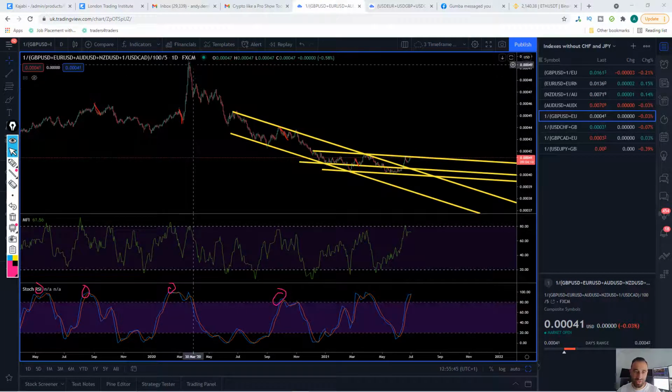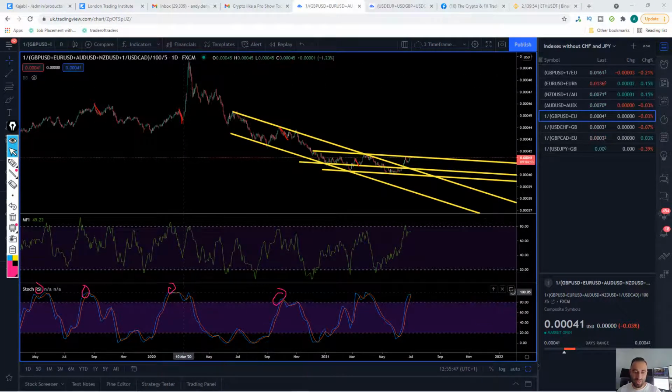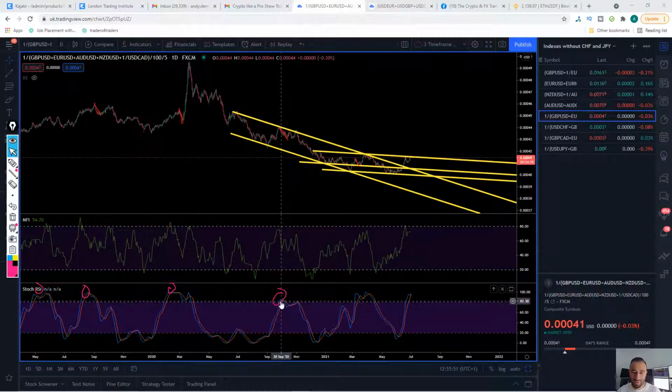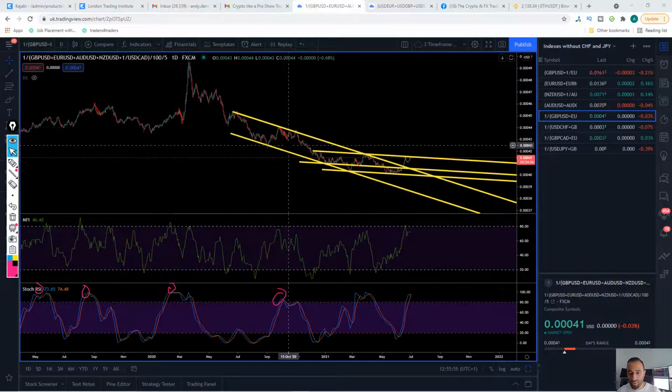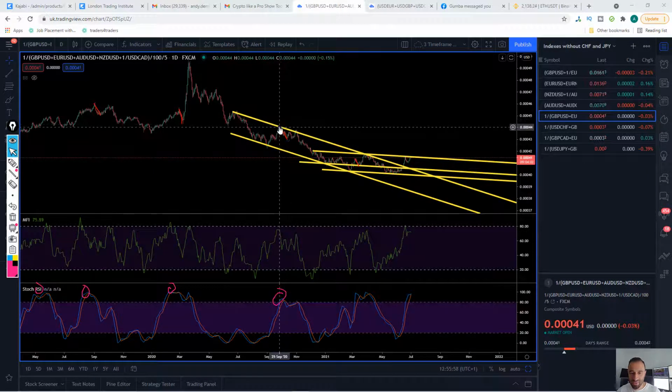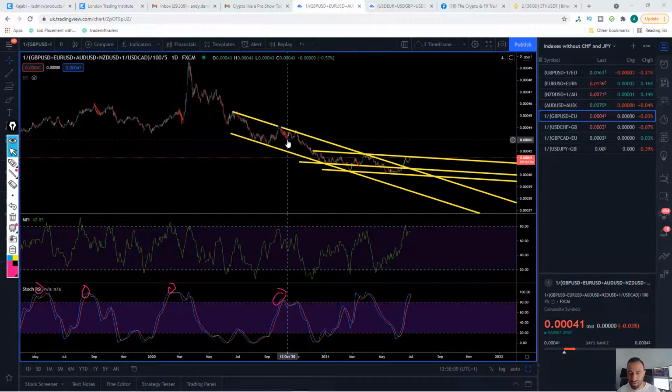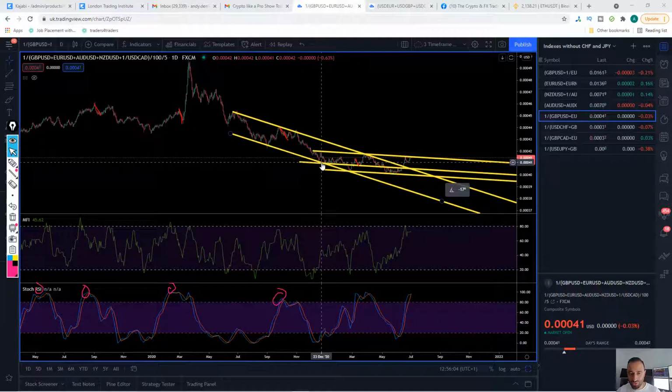You can see it took out the high, and it didn't properly drop until we created this double top. So this is certainly something we're going to look out for. But is there any potential move before that double top gets created? Here's another example where we have a drop on the first move, then the double top gets created here, and then the big drop happens.